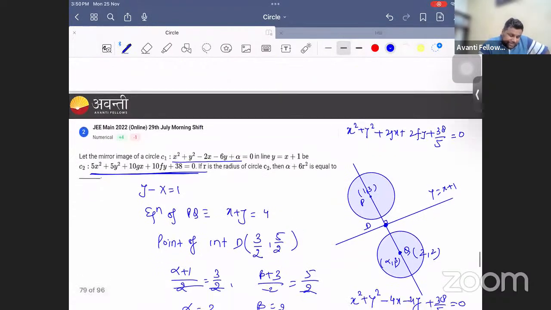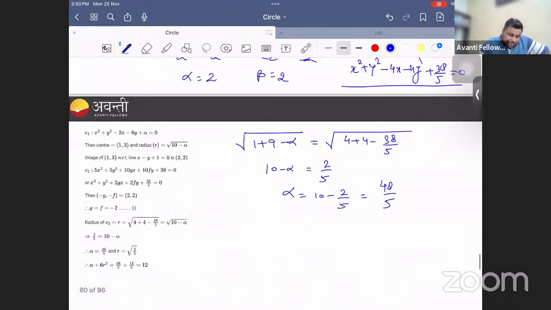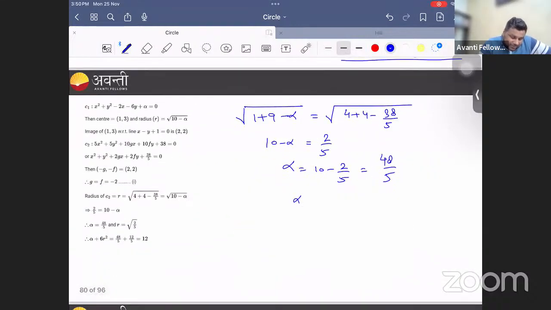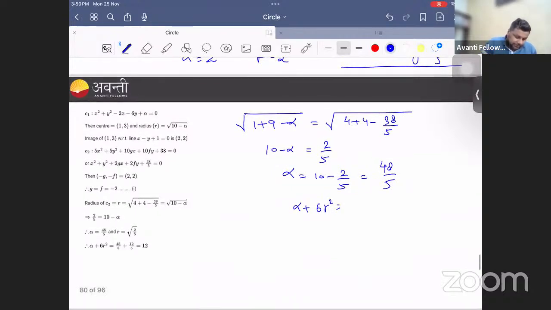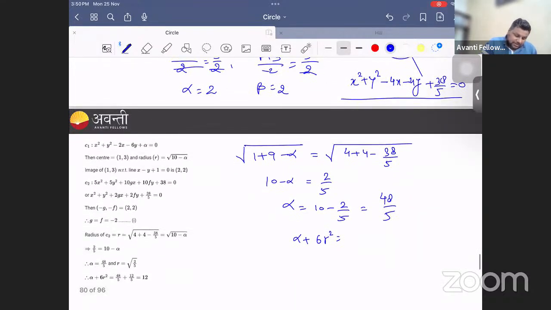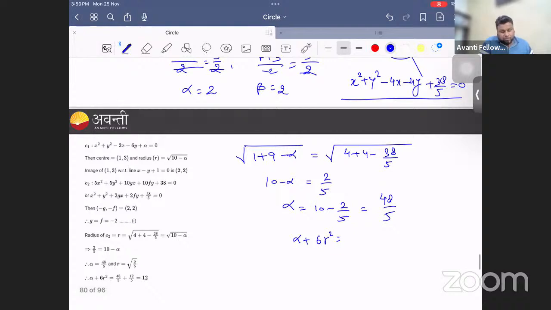Now everything you know, they're asking for alpha plus 6r square. See, the radius is easy to find out. This is basically the radius. 4 plus 4 minus 38 upon 5 is what? 2 by 5.